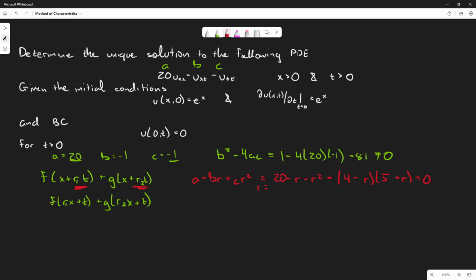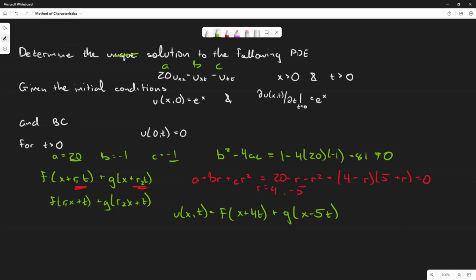So our roots become 4 and negative 5. Our r1 is going to be 4 and our r2 is going to be negative 5. So our general solution u(x,t) is going to be f of x plus 4t plus g of x minus 5t. But we're not done here.